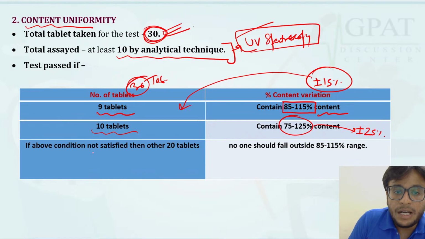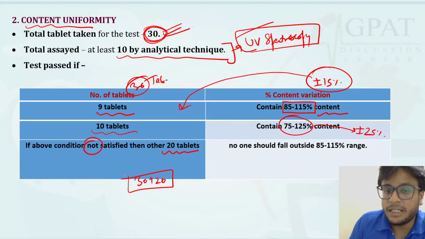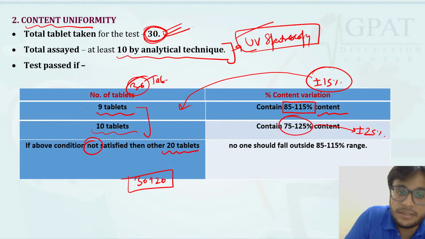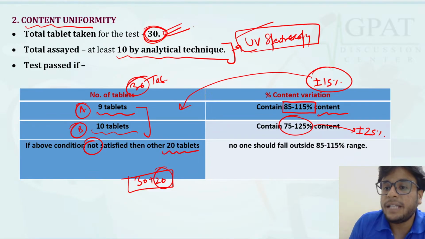If the above condition is not satisfied, then we have to take 20 more tablets, 30 plus 20, so in total 50 tablets. If the condition on 9 and 10 tablets is not satisfied, we take the additional 20 tablets again.